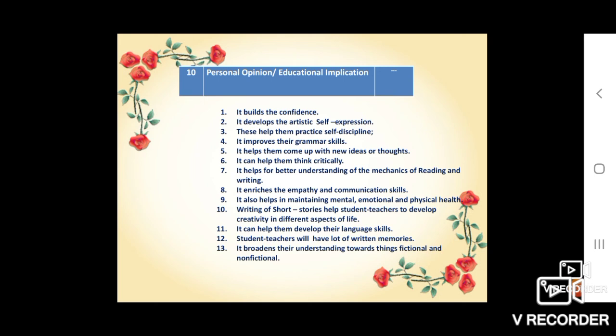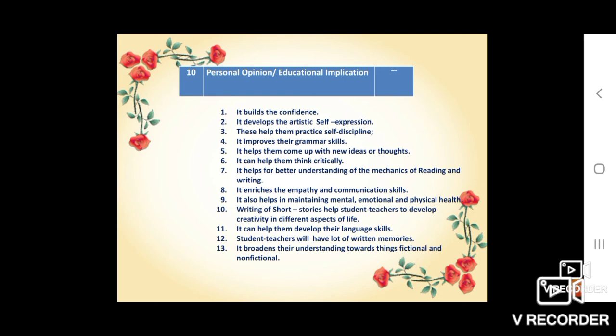These are some benefits or educational implications: it builds confidence, it develops artistic self-expression, it helps them practice self-discipline, it improves their grammar skill, it helps them come up with new ideas or thoughts, it can help them think critically, it helps for better understanding of the mechanics of reading and writing, it enriches empathy and communication skills. It also helps in maintaining mental, emotional, and physical health.